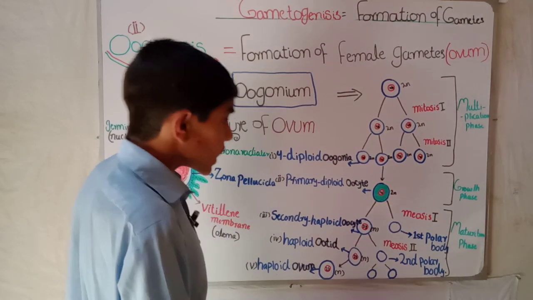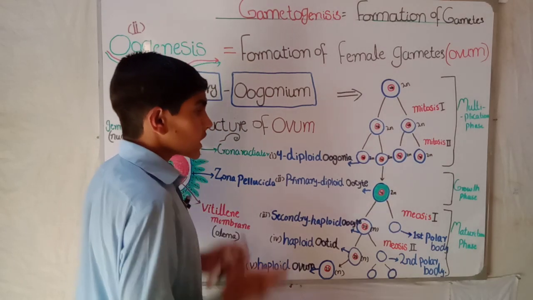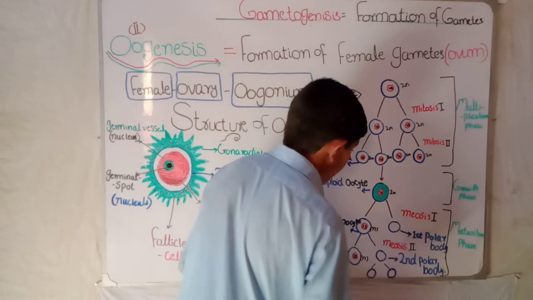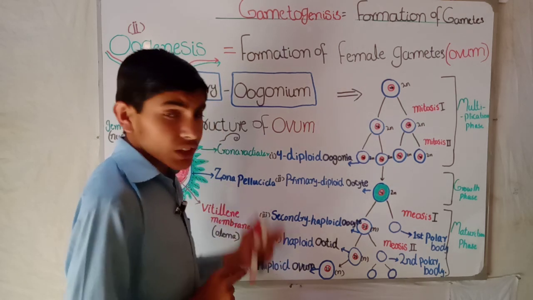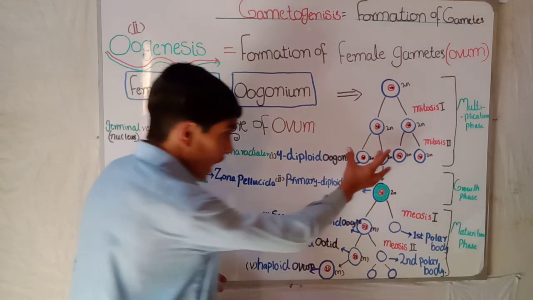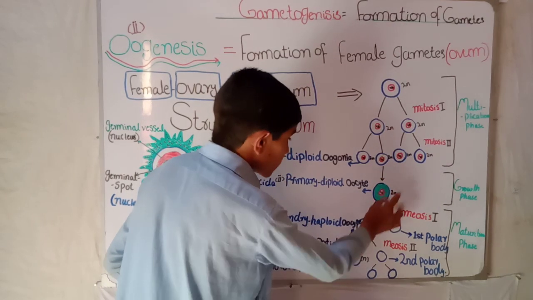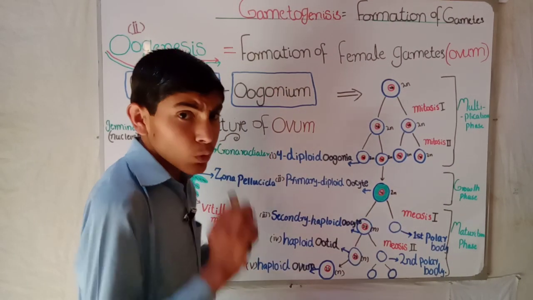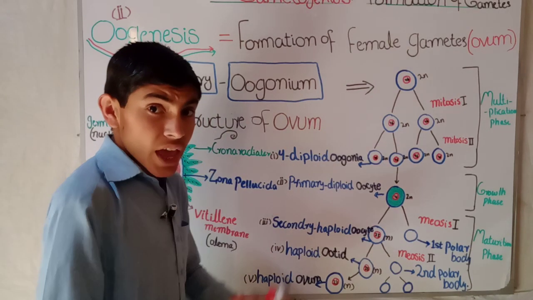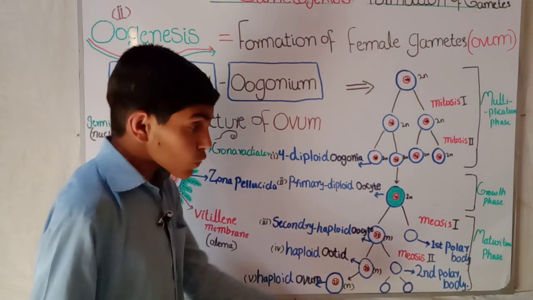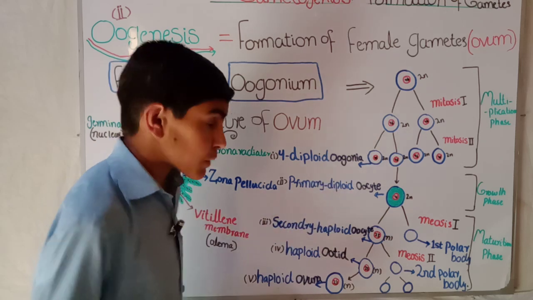The second phase is the growth phase, as I mentioned in the previous lecture. One cell, or all cells, undergo it, but I will mention only one cell. It undergoes the process of nutrition, and it becomes large and prepares itself to undergo the next process, the maturation phase.